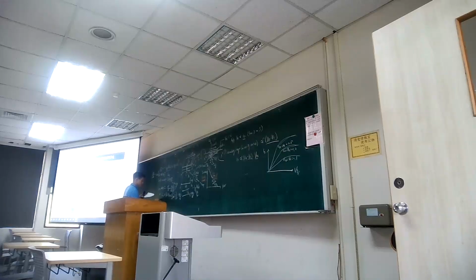So you get a negative sign, mu n. You take the mu n out of the bracket. The outside W (VGS minus Vx minus Vt) multiplied with the Vx.